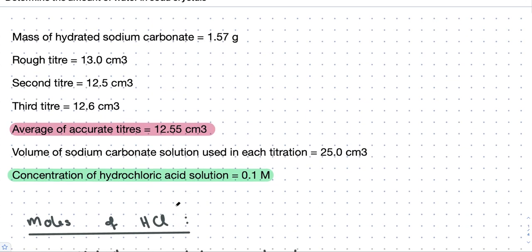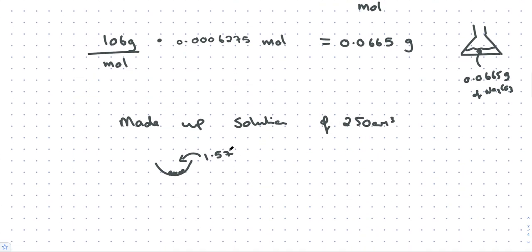Let me just check that. Yeah, 1.57 grams. You then put that 1.57 grams into a volumetric flask of 250 centimeters cubed, filled up so that the meniscus sat on the line when we looked at it at eye level.